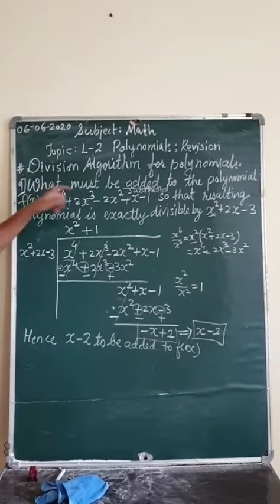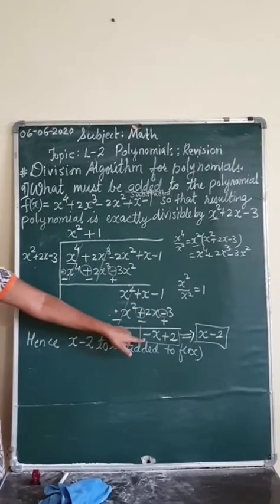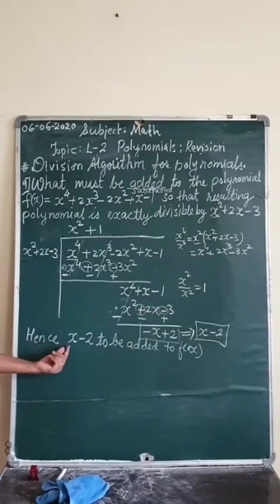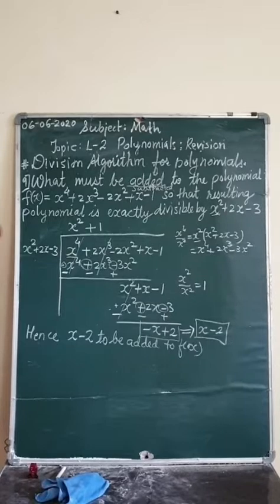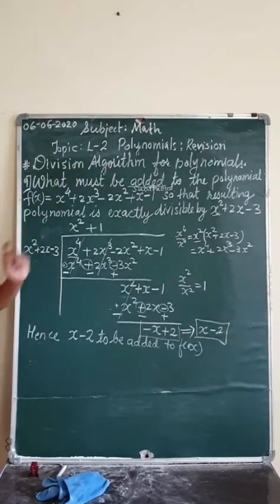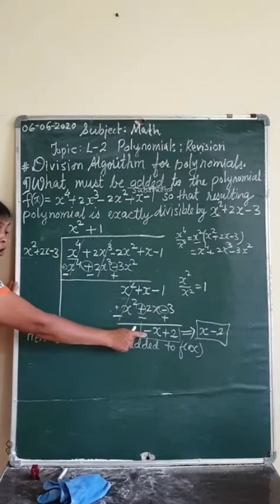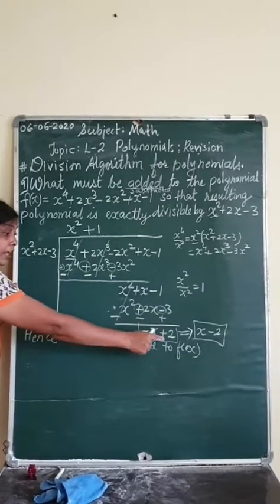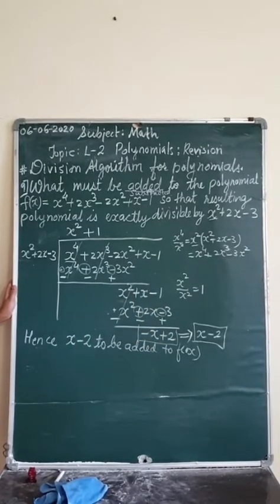In subtraction, we write the remainder polynomial as it is. But if they ask to add, then keep in mind, we have to change the sign of each and every term of the remainder polynomial to get the required answer.